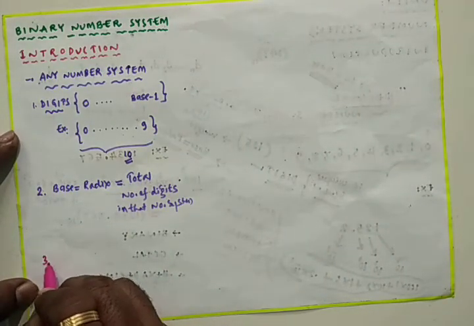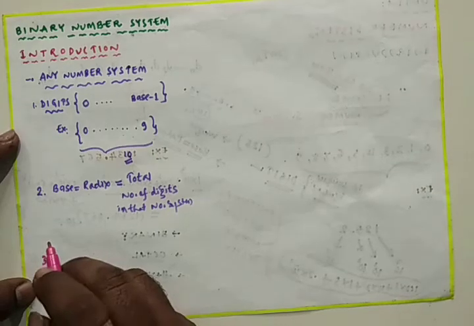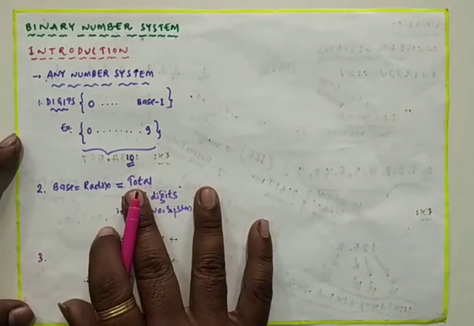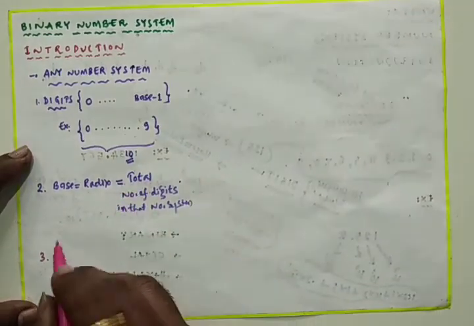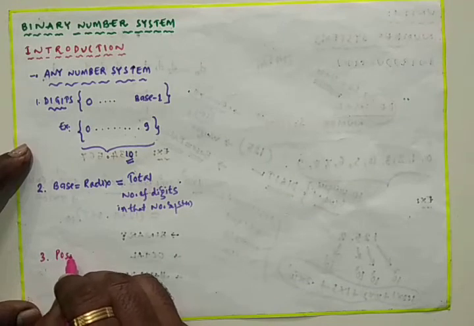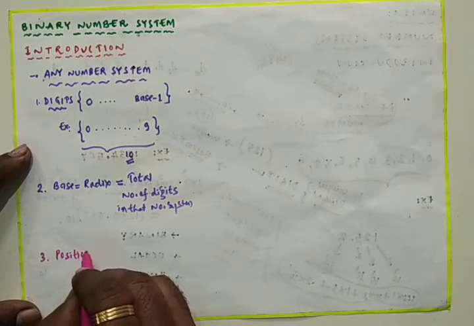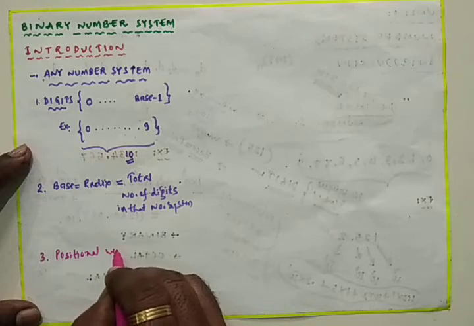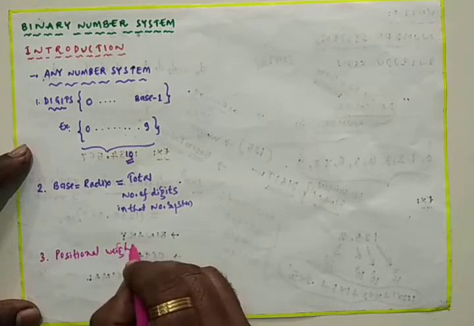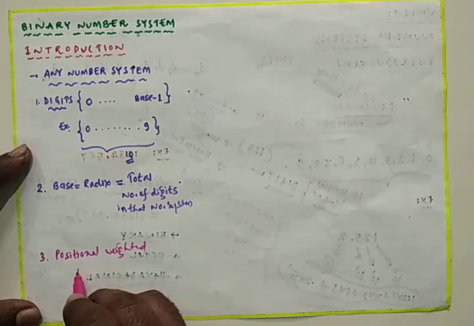And the third point: we have to verify whether that number system is a positional weight number system or not. Just now I explained what a positional weight number system is.